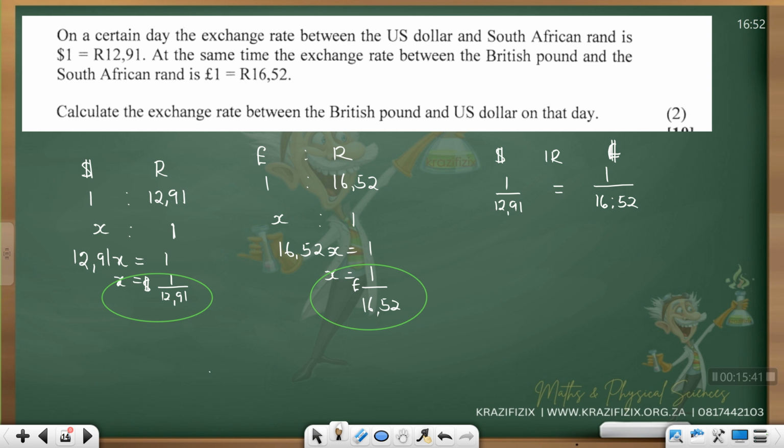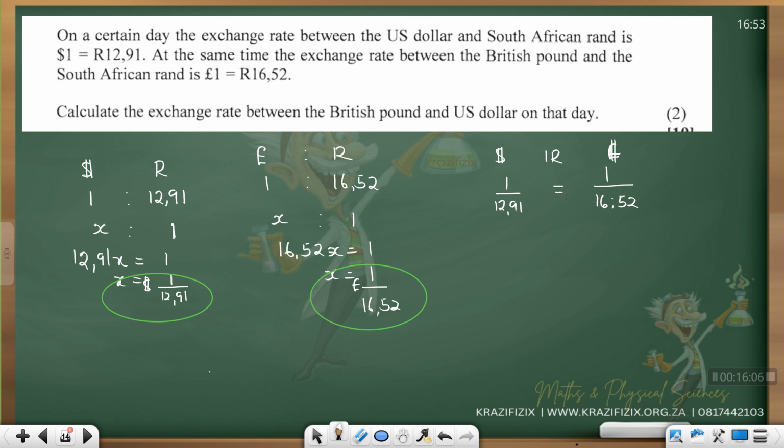One time, I asked my grade 8s, we're doing conversions like this, that if $1 is equal to 12,91 Rand, as we have in this question, if somebody then has 1 Rand and $1 and somebody has 12,91, who is richer?